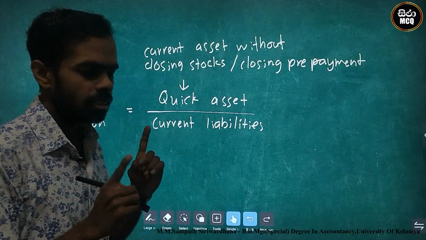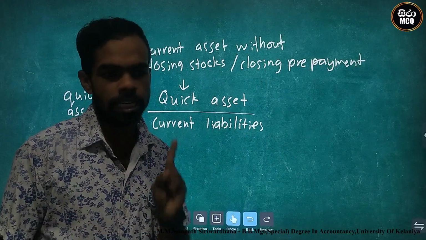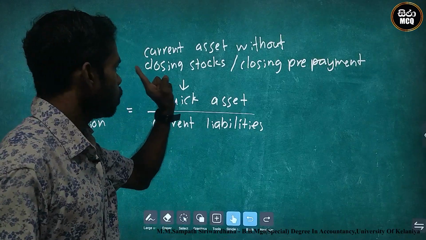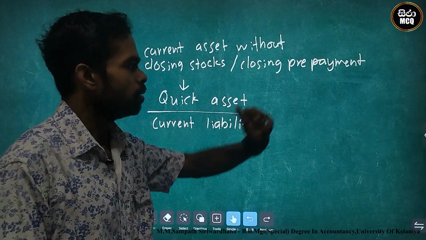A quick asset is the current asset excluding closing stocks and closing prepayments.